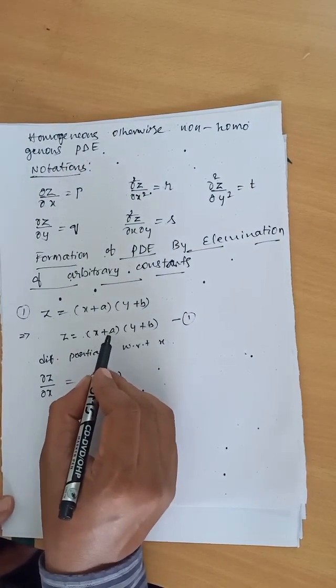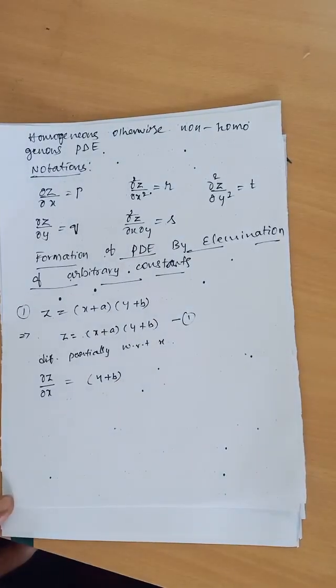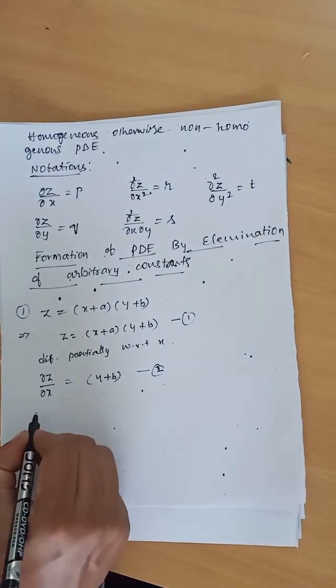So 1 plus 0 is 1. 1 into y plus b means y plus b. All are clear about this? You call it equation number 2.